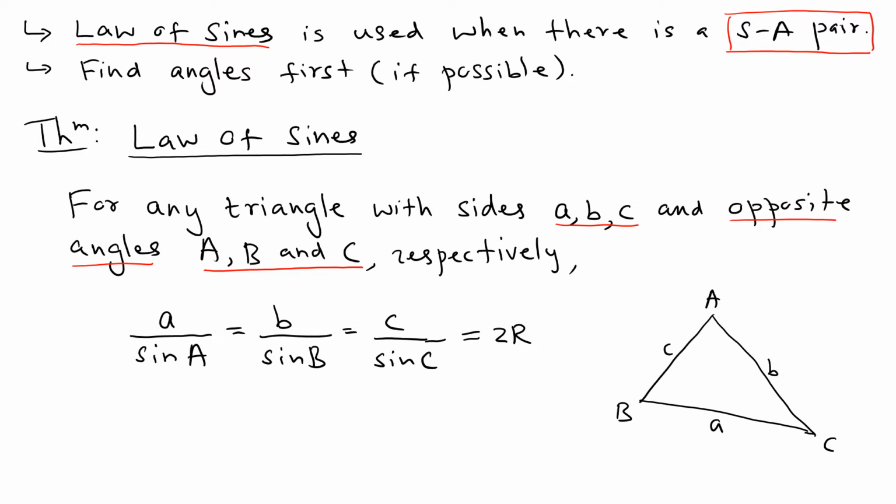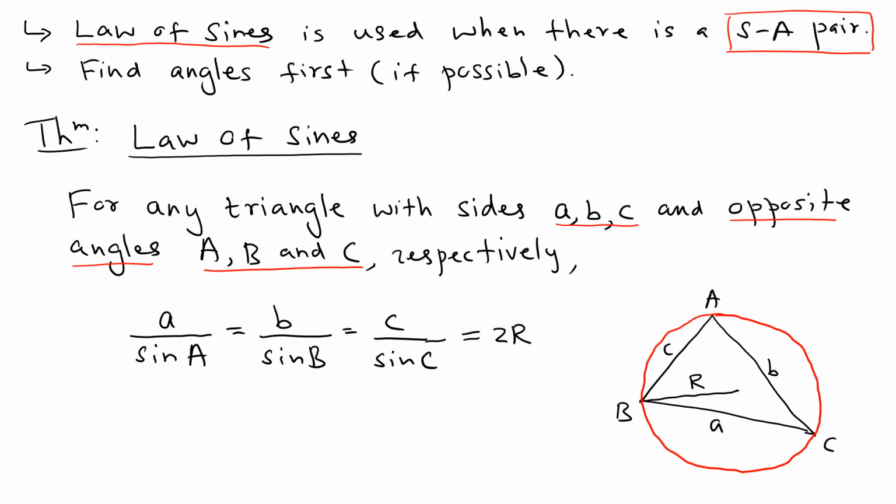This circle has a radius, and we normally call the uppercase R the radius of the circumcircle. So this quantity is actually equal to 2R. We can show that, but that's where the constant comes from.